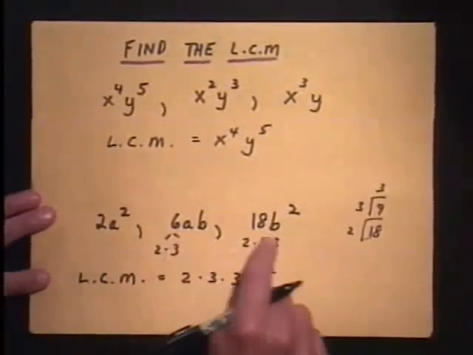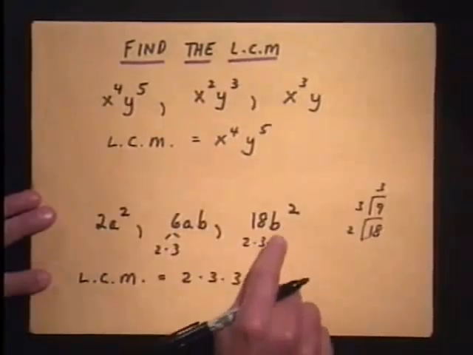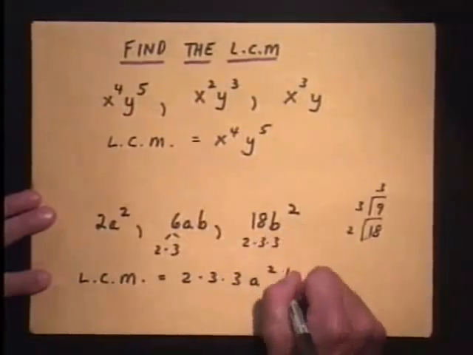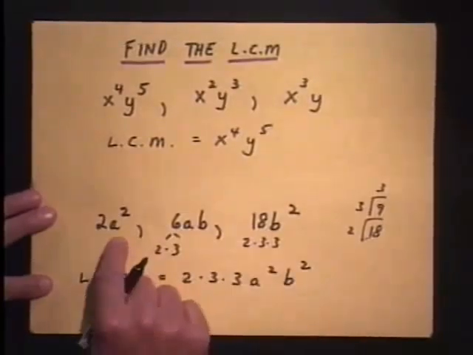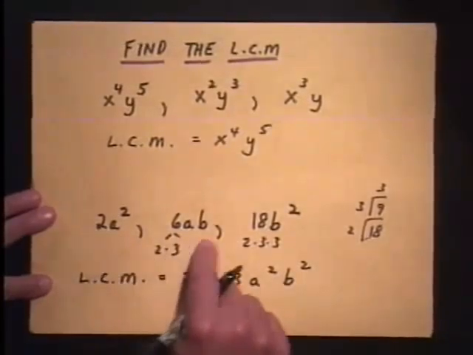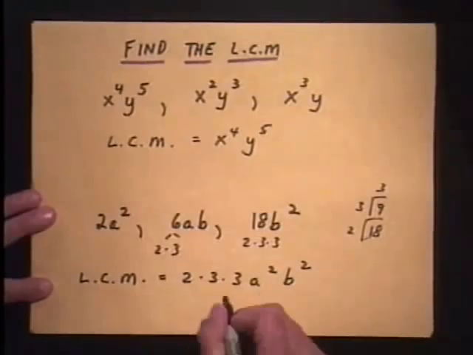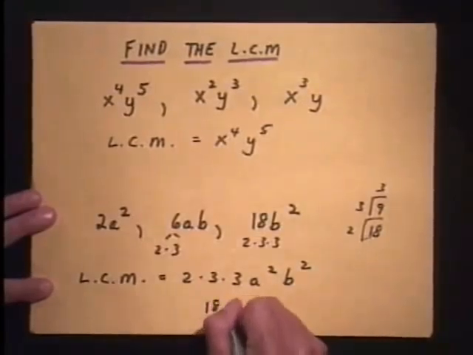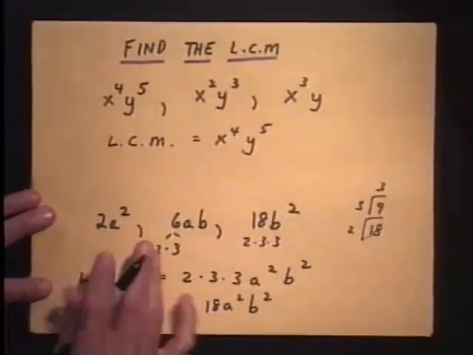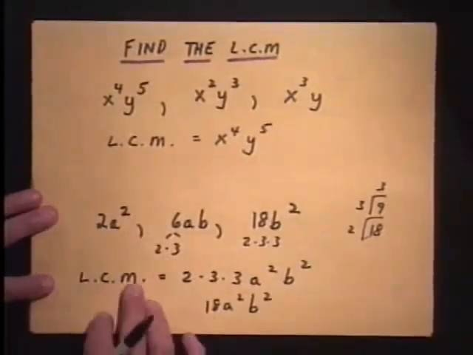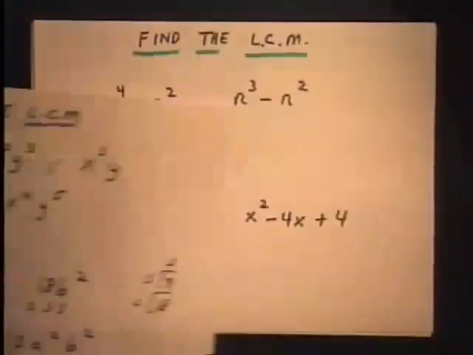And which one has the most b's? 2b or not 2b, over here, b squared. So when we multiply the numbers together, the LCM of 2a squared, 6ab, 18b squared would be 18a squared b squared. All right. So getting the LCM or LCD of fractions, not bad.